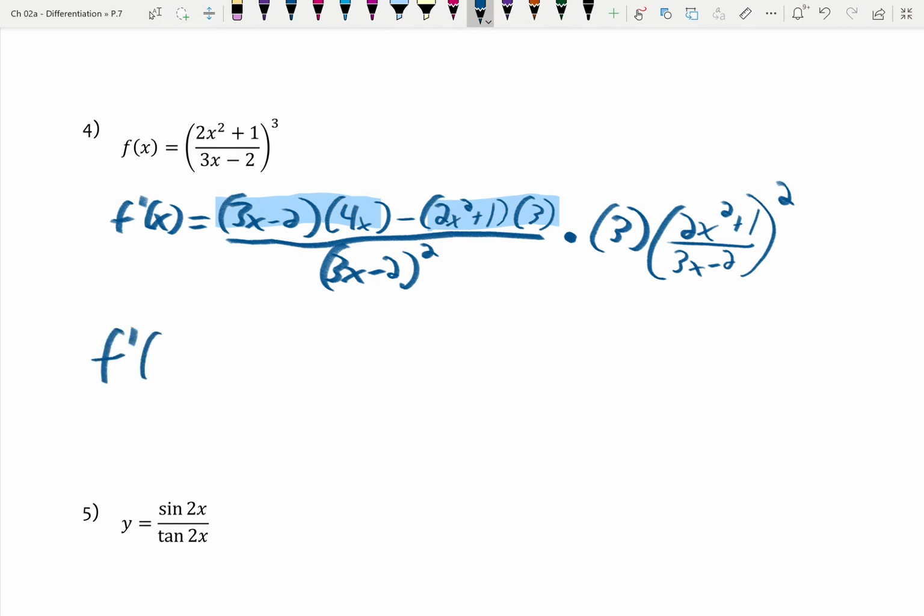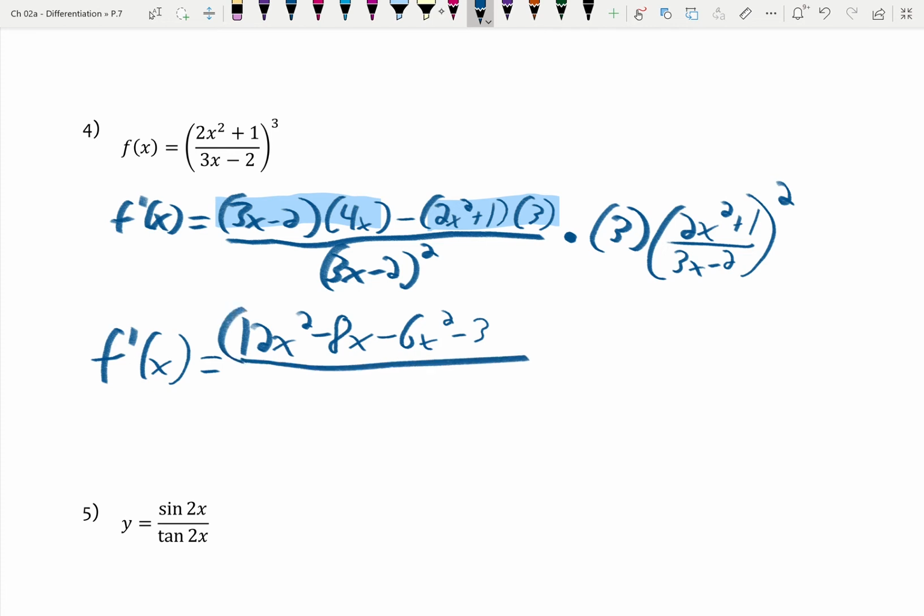So let's do that. 12x squared minus 8x minus 6x squared minus 3. And we're going to start to combine this into a single fraction bar. So then a 2x squared plus 1 squared over 3x minus 2 to the 4th power, because there are 2 of them from the first part and 2 of them from the second part.